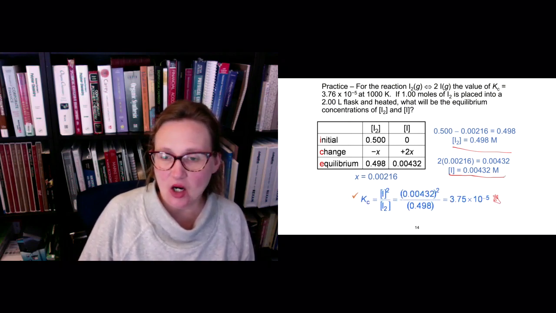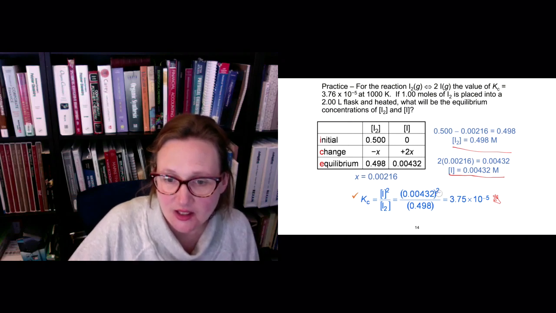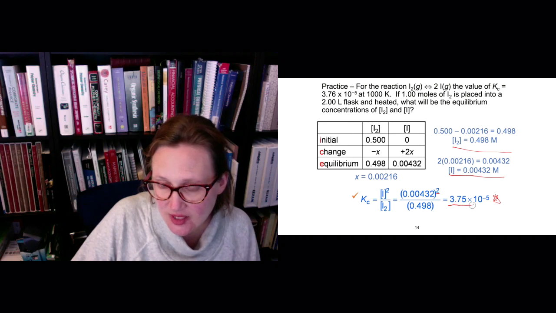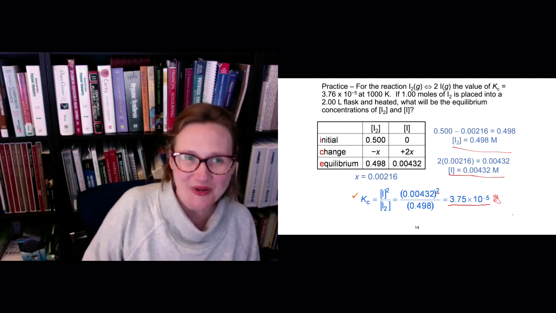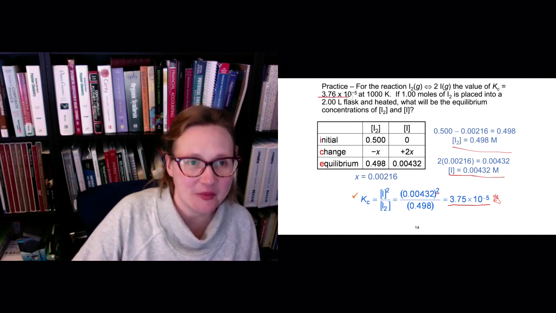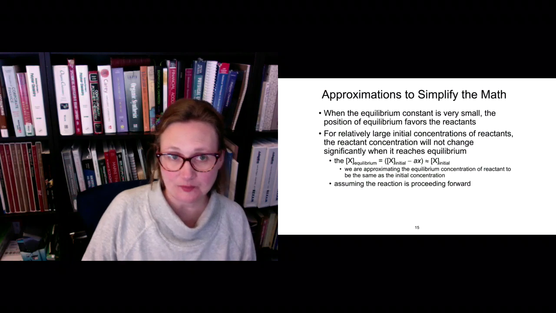We take the concentrations we calculated, take 0.00432 and square it, divide by 0.498, and we get 3.75 times 10 to the minus 5, really close to the Kc we were given up here. So the check is good. We have good equilibrium concentrations here.